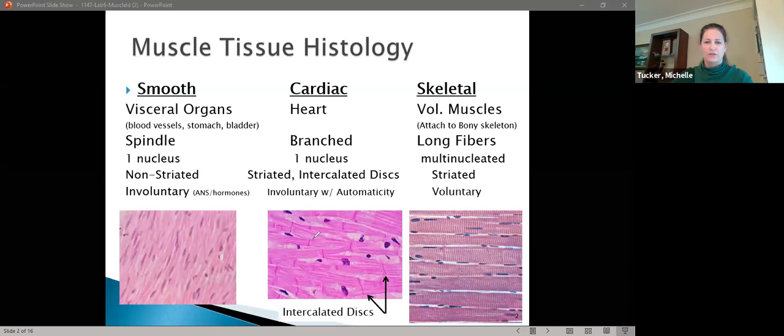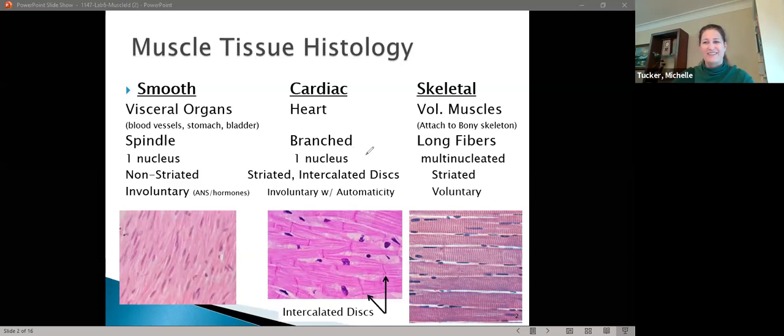These are called intercalated discs. They're a specialized type of gap junction that allows for rapid communication between these cells and is going to allow for those chambers to contract as a unit. For simplicity's sake, we are going to say that cardiac cells have one nucleus, that they are uninucleated.